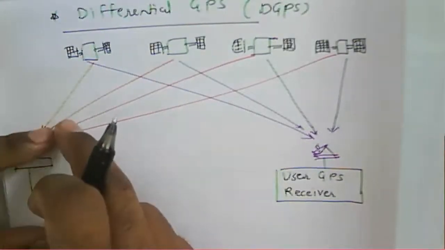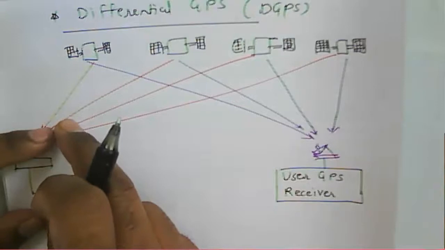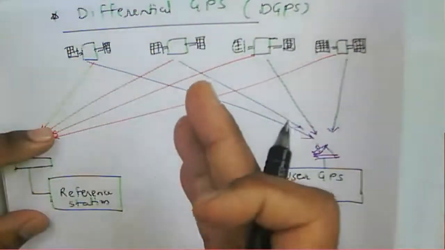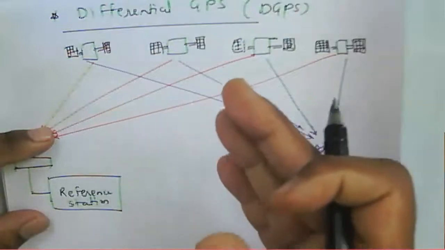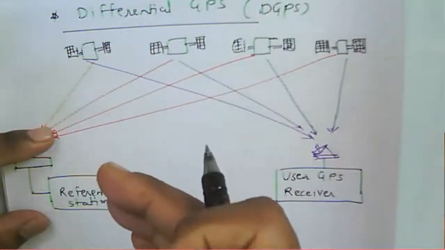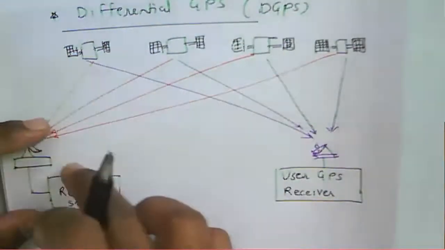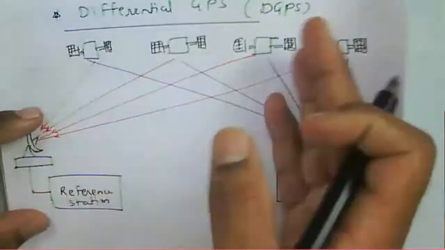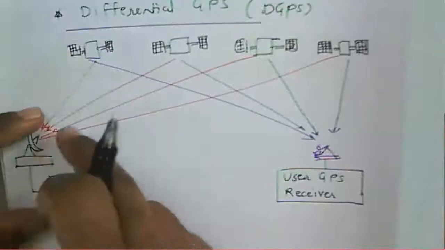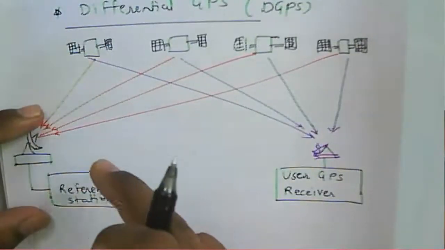If there is an error there, then again it will calculate the information, the satellite sends the signal, it is received again, and again it obtains the range and so on.